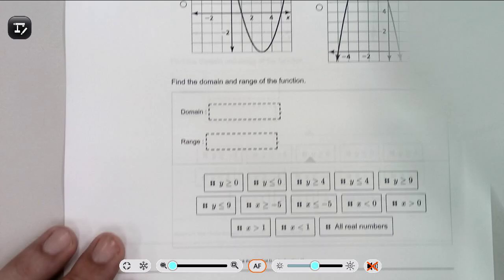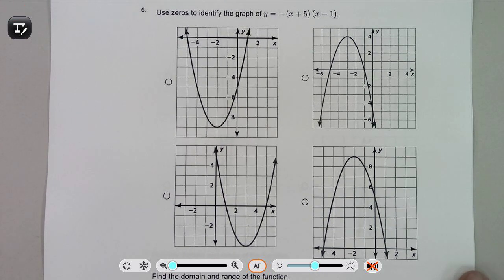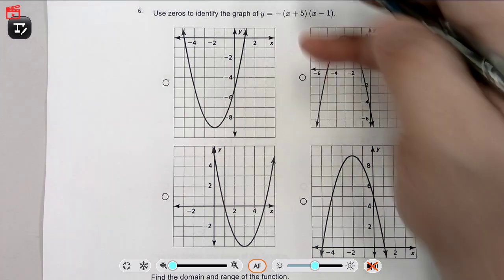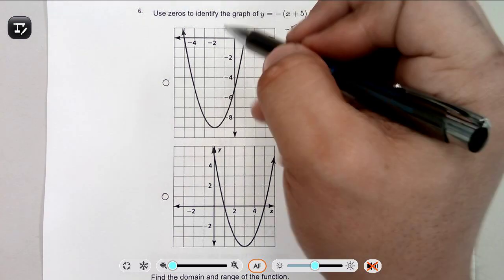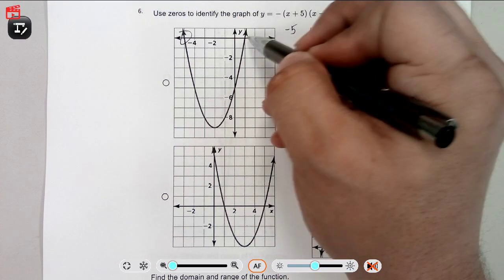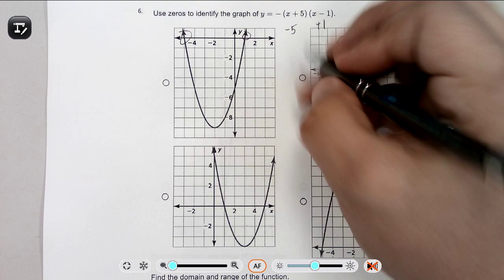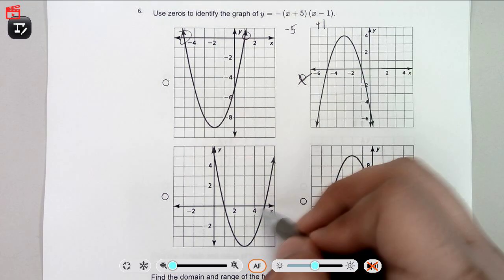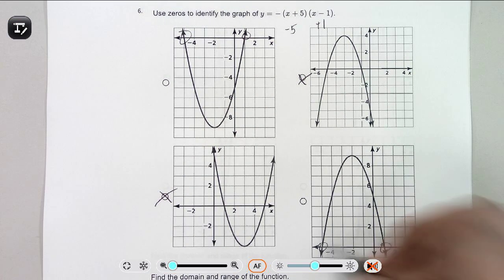To number 6. So use the zeros to identify this function. Fair enough. Well, my zeros are at negative 5 and positive 1. So negative 5, positive 1, maybe. That's negative 1, can't be that one. These are both positive, can't be that one. 1, negative 5.